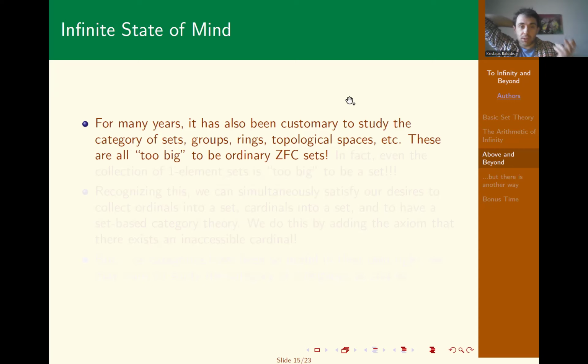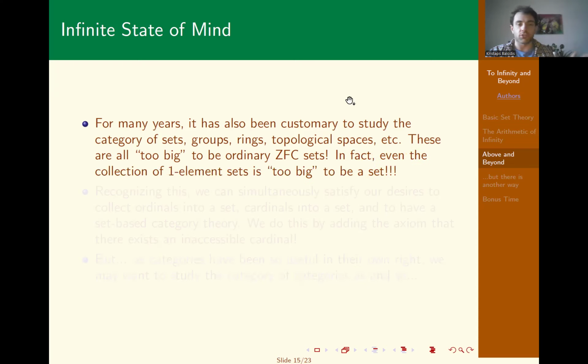But now all of these things are too big to be sets in the ordinary ZFC theory. The collection of all groups is not a set. The collection of all topological spaces is not a set, and so on. In fact, it's not even just this whole collection. If you just think about the collection of all one element sets, that's too big to be a set.